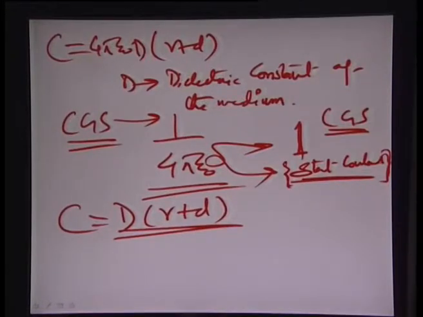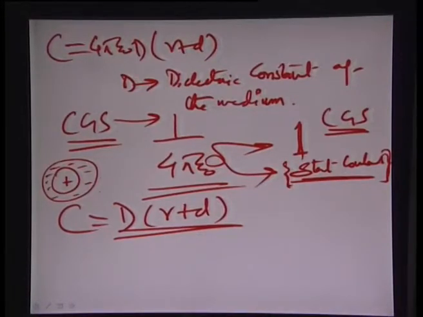So C becomes D times r plus d, and we assume the potential due to the double layer as zeta. The capacitance D times r plus d is the capacitance of this primary ion surrounded by a counter ionic cloud.